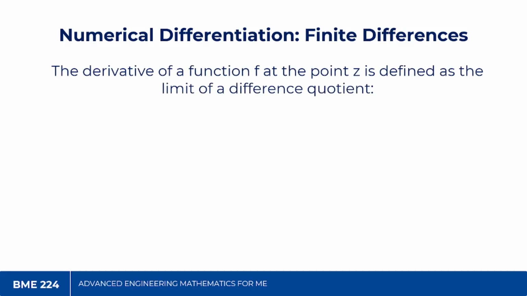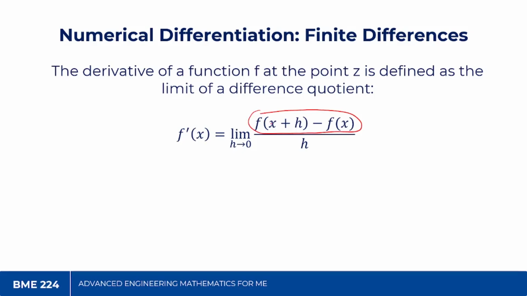forward. The derivative of a function f at the point x is defined as the limit of the difference quotient. We know this one from our differential calculus. The first derivative is actually the limit of this function: f of x plus h.